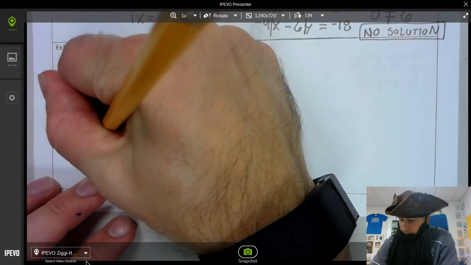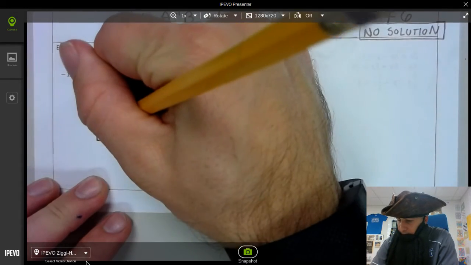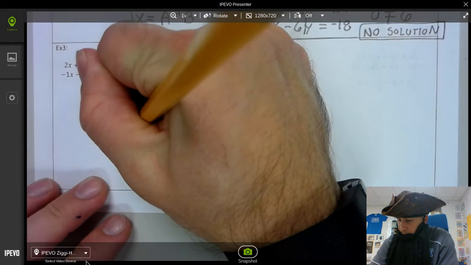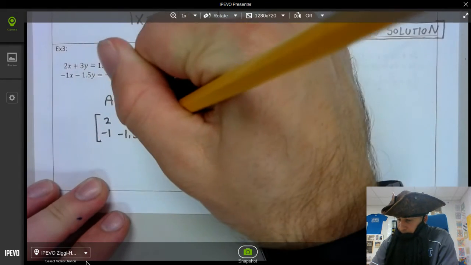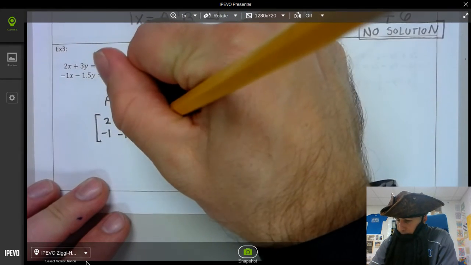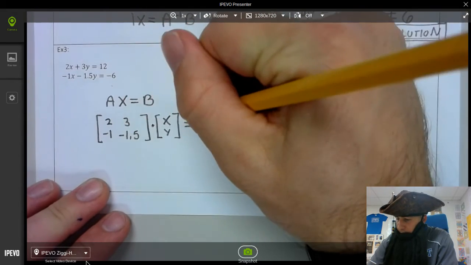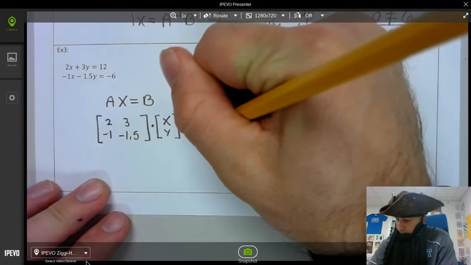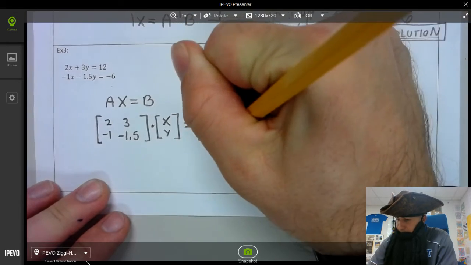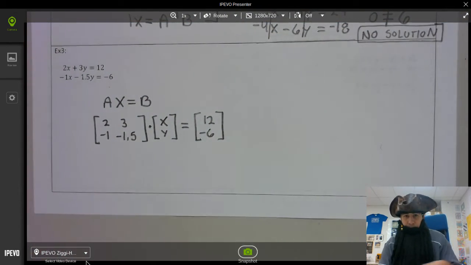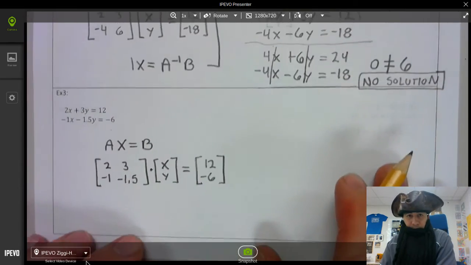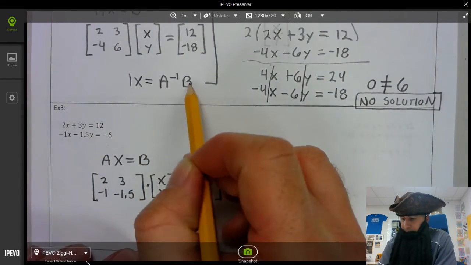So that is 2, negative 1, 3, negative 1.5, xy times xy equals 12, negative 6.